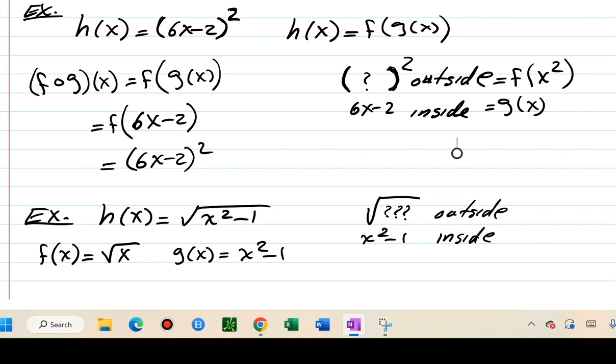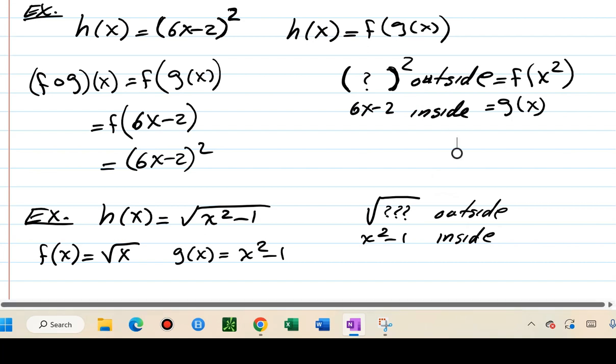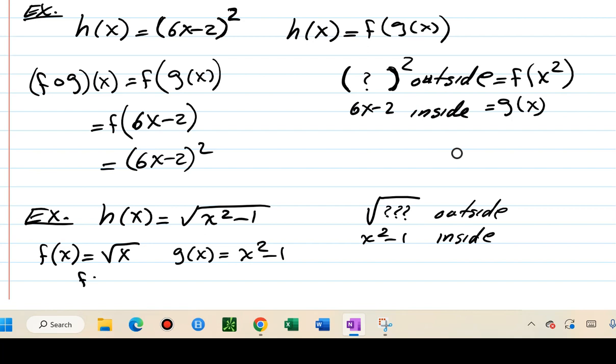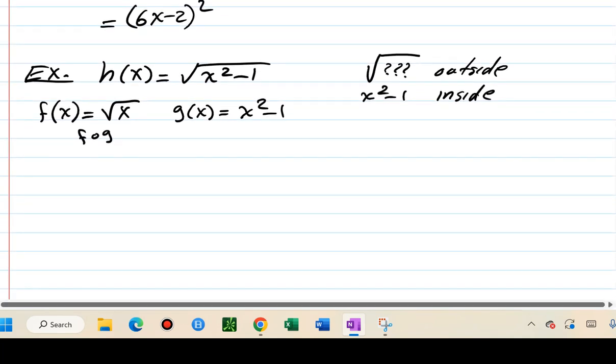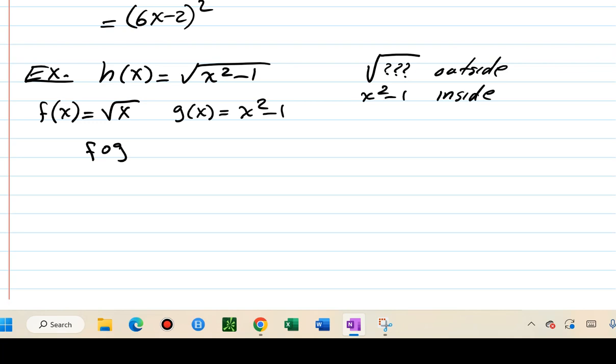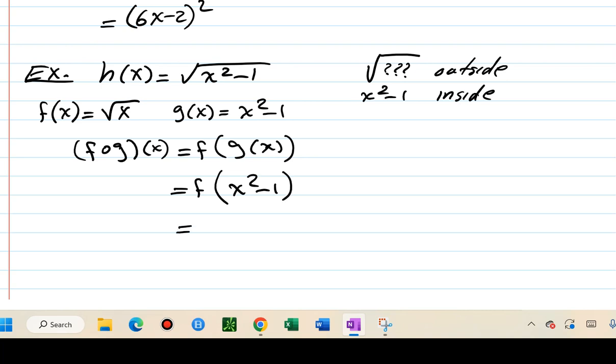And what are we going to write here? We're going to go f of g of, let me go a little bit lower here. So f of g of x, that composition is going to be f parentheses the outside, the inside, and the inside is x squared minus 1. This will be passed on to f.